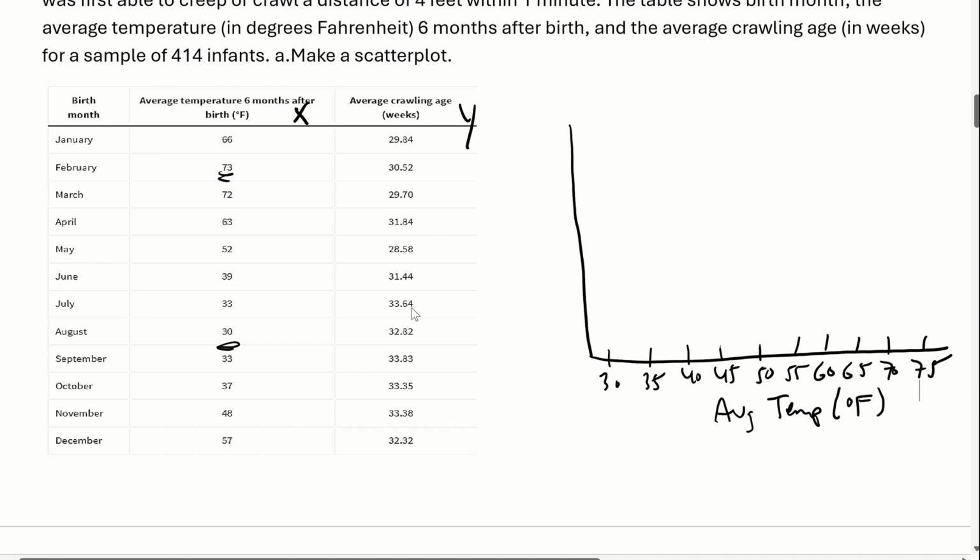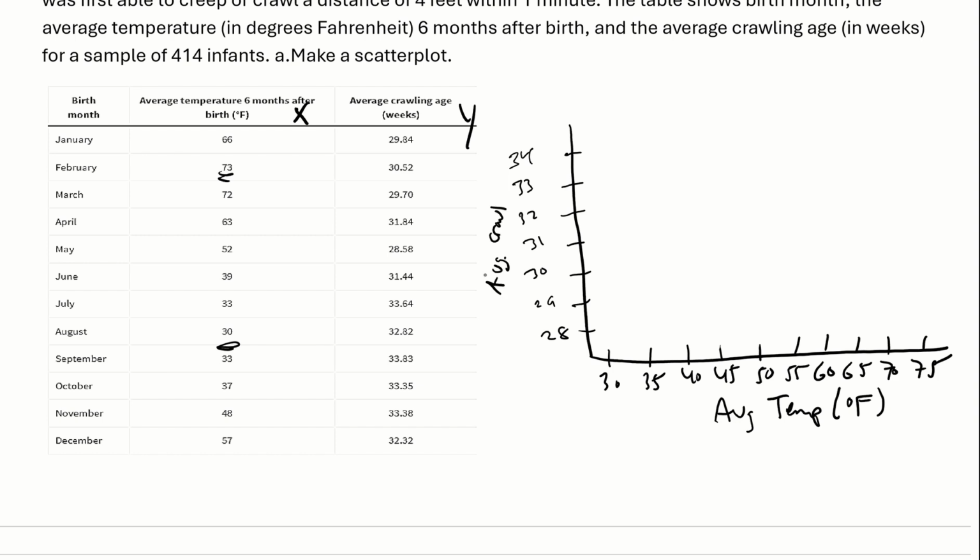Let's see, 33.64. So we'll go from like 28 to like 34, and we'll go by ones or something like that, okay? All right, and then this is the average crawl age, and the units are in weeks.